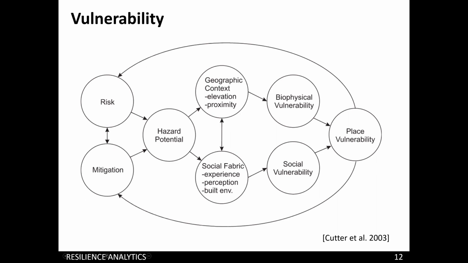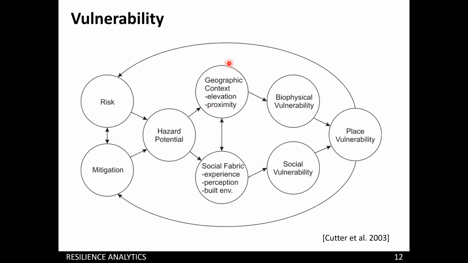Those two things, this inherent risk and this ability to mitigate it, combine to describe the potential of a hazard to lead to some sort of disruption to a community. And that hazard potential results in a geographic context, the geographic location associated with the potential hazard.